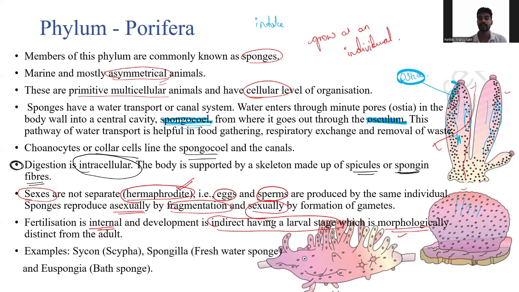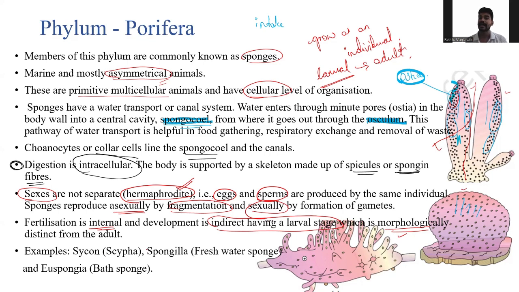That means the larval or initial stage will not resemble the parents until they develop into adults. Only when they reach the adult stage will one be able to identify them as Porifera, somewhat like sponges, or they might be Sycon, something like that.